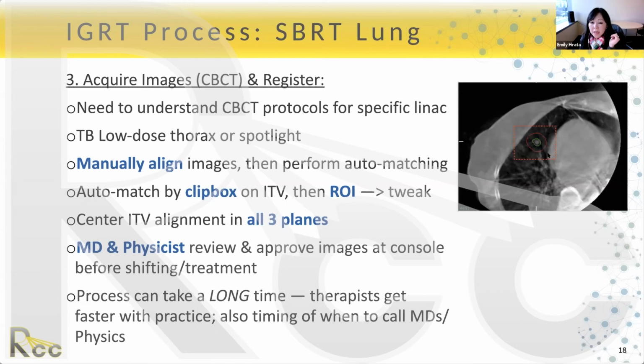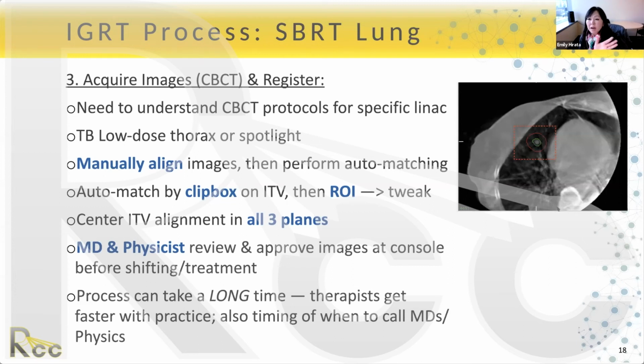When reviewing the alignment, you do also need to look at where your other critical organs are. And sometimes that requires a judgment on the clinician's part to decide, you know what, I'm going to actually allow this tumor to be shifted in such a way that the ITV is not aligned because of this really important avoidance structure that I absolutely need to avoid. So for example, let's say we had a tumor down here, right near the spinal cord.